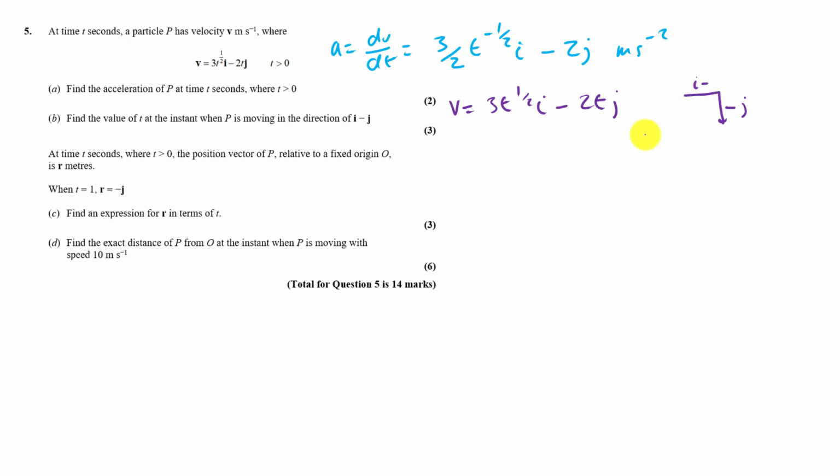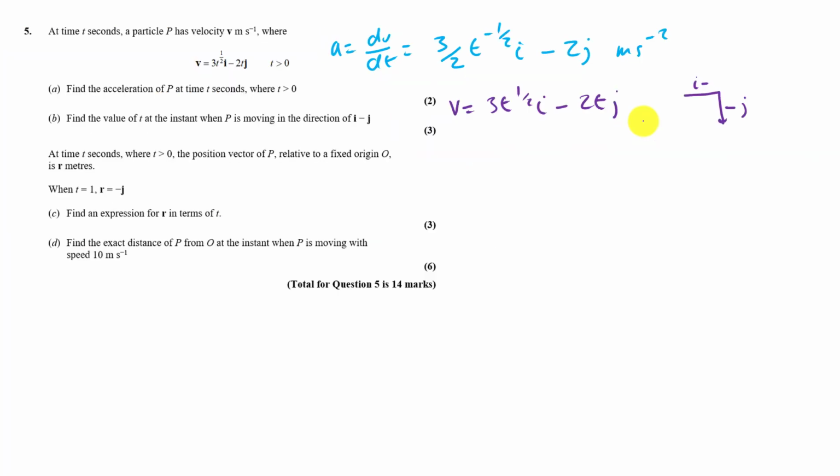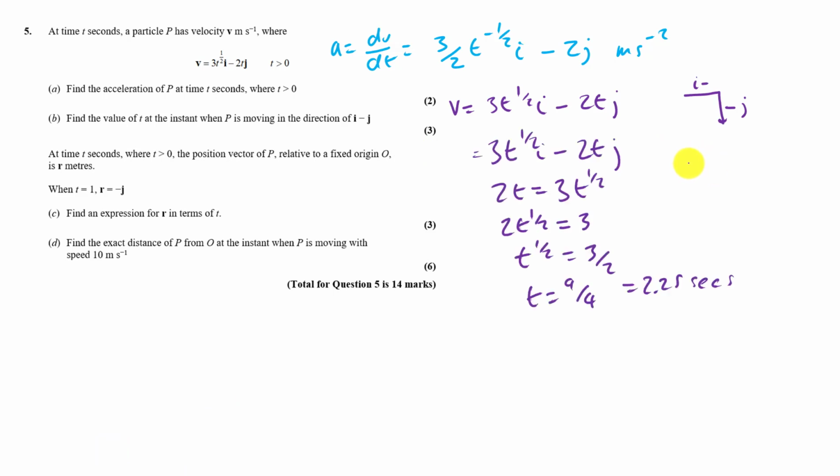So we could, but it does say find the value of t, and if we go back to the last question, it finds the value of v, and we need to find t. I'll show you, just saying that should work.